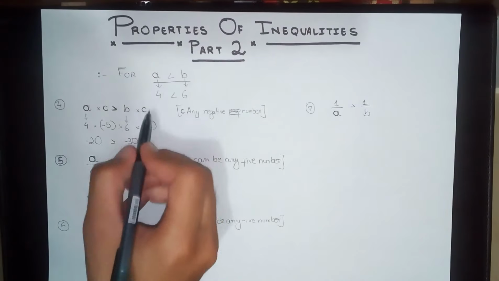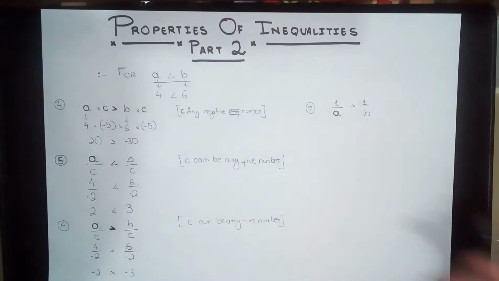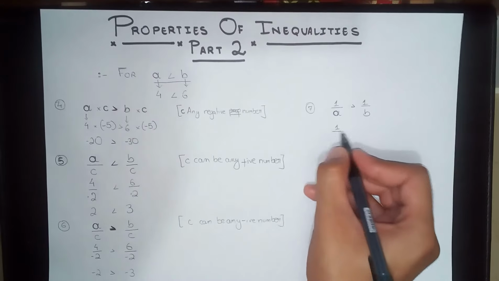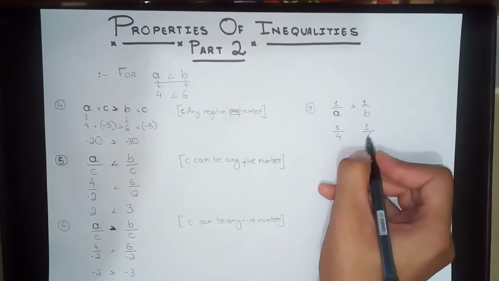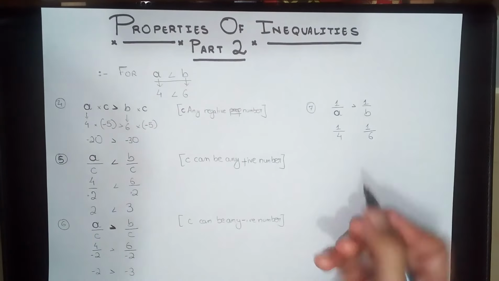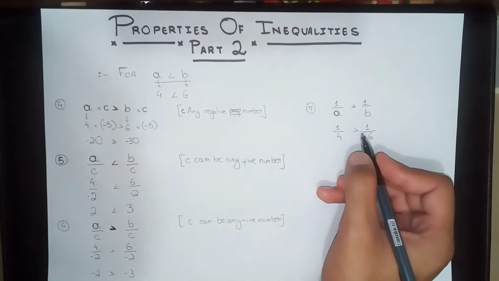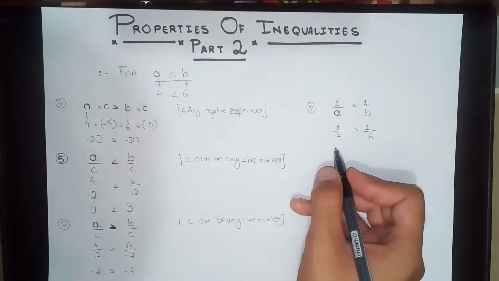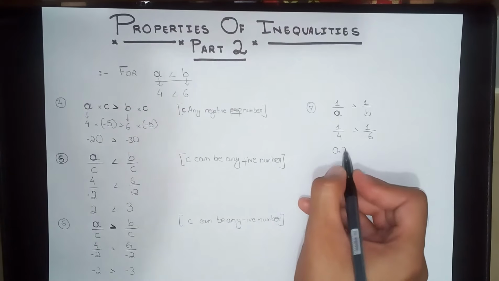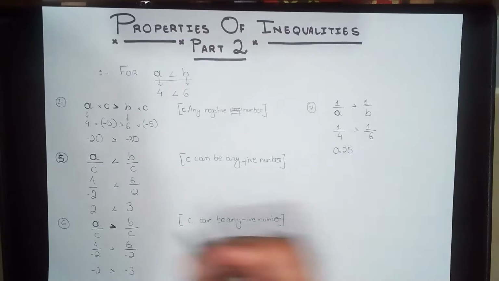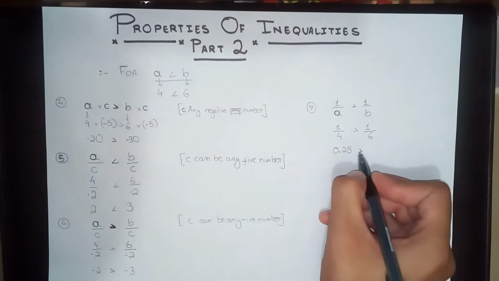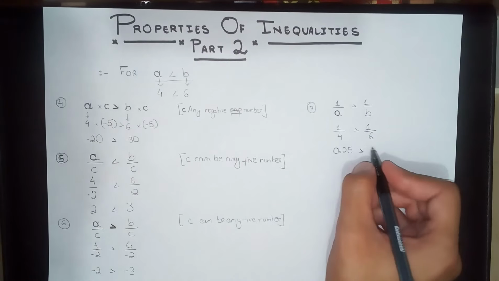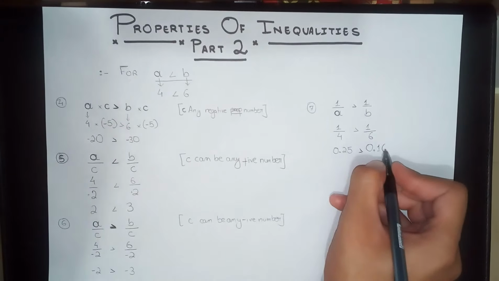A was less than B. Now let's actually see if that works. 1/4 and 1/6, which is greater? 1/4 is 0.25, and 1/6 is almost 0.16.